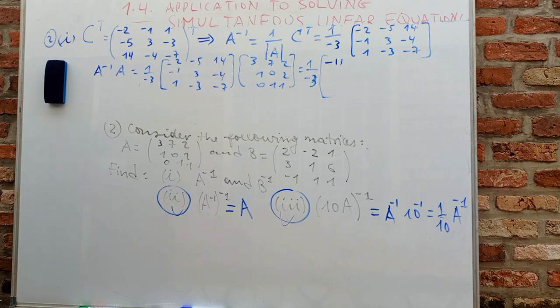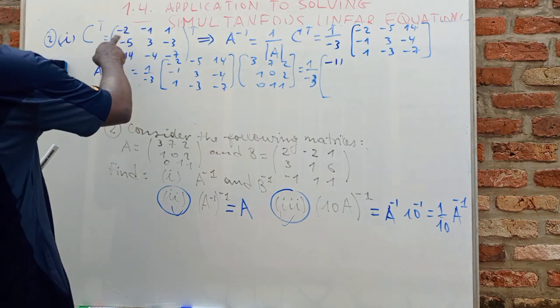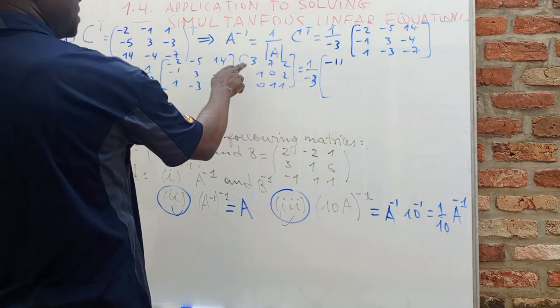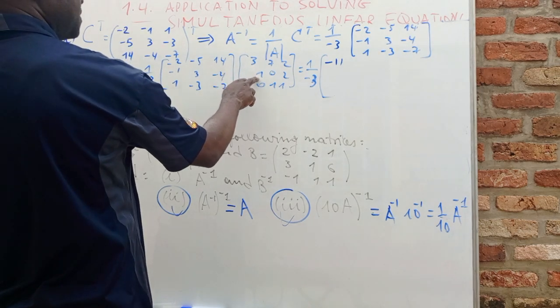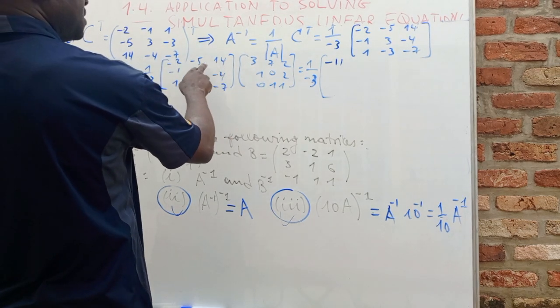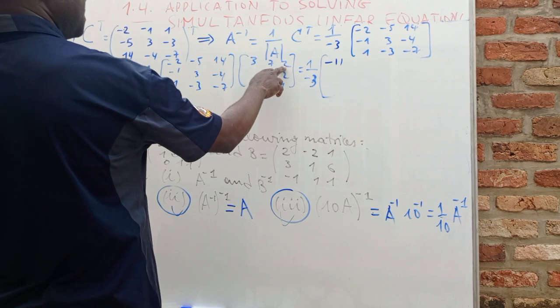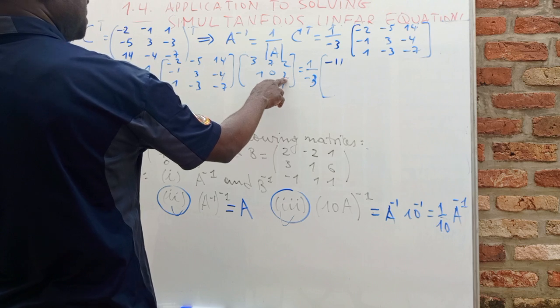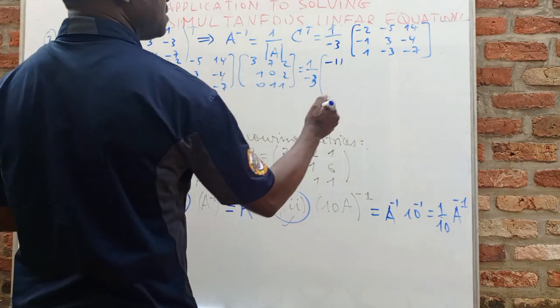Okay, let me continue with the other. This first row, 2 times negative 4, negative 10. It makes negative 14. Then 14, you have 0.